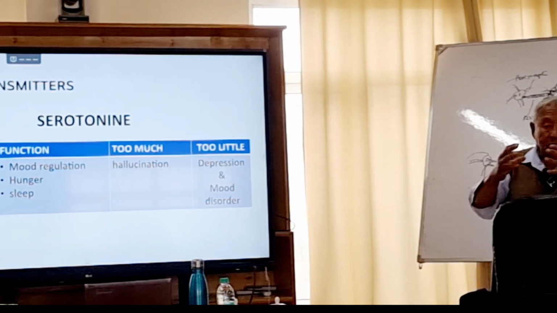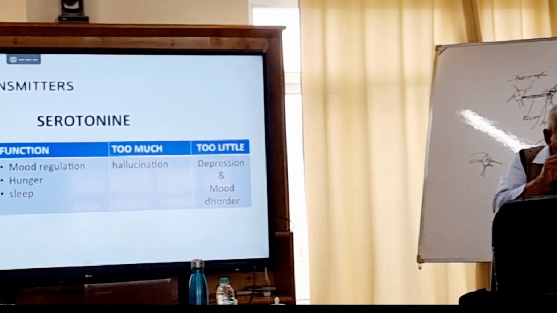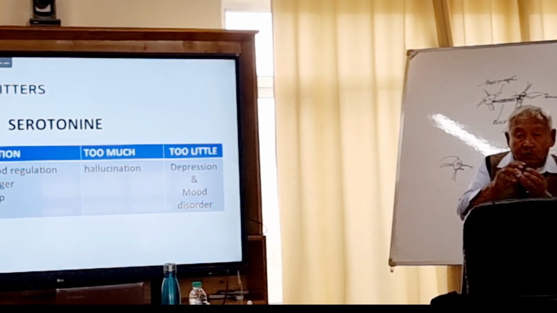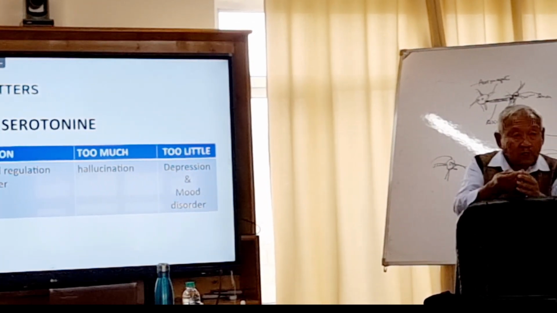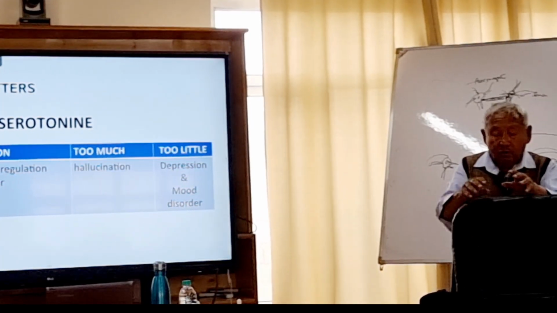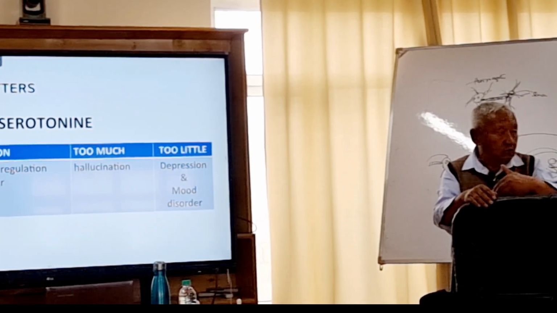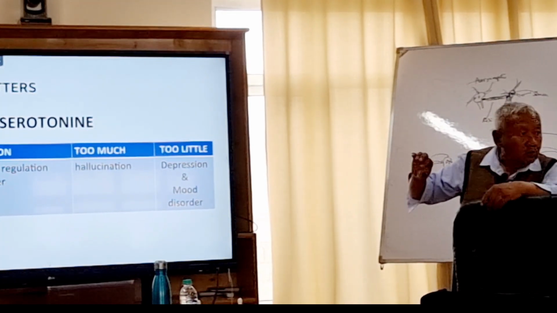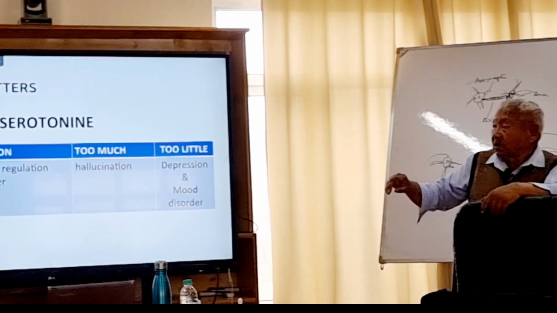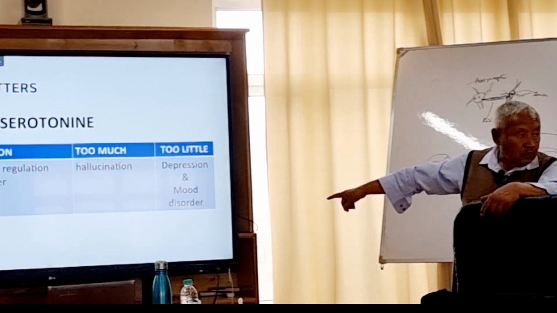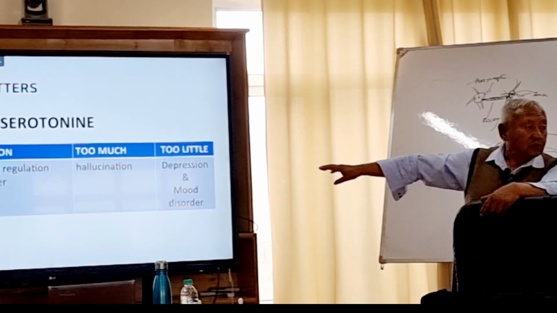Reuptake means that, as I told you, in the synaptic gap, the neurotransmitter is returned through enzymes, again back to the neuron. So if there is a problem with reuptake, those medicines are given to treat depression. Too little serotonin causes this.